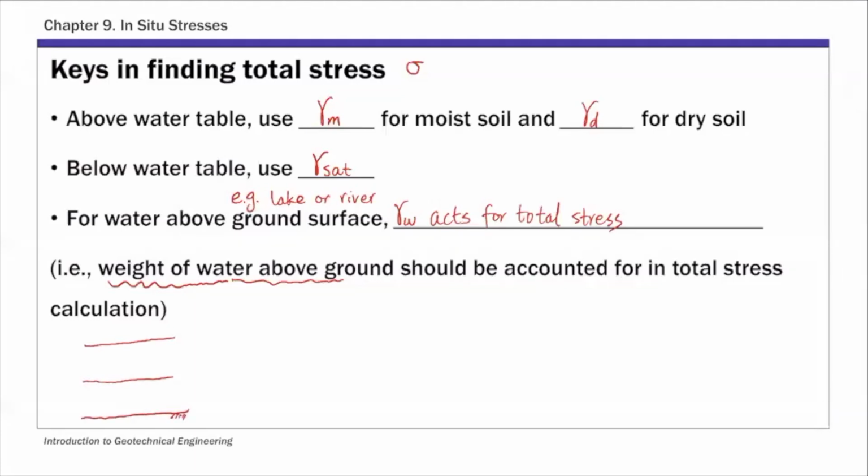Okay. So let's say you have soil and water is right here. Okay. So say this is the bottom of a lake. You have a water body above your ground surface. So soil, and this is water.